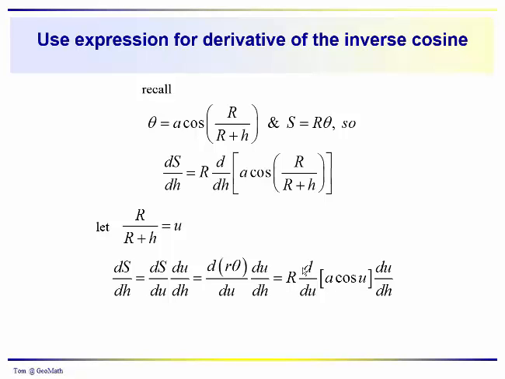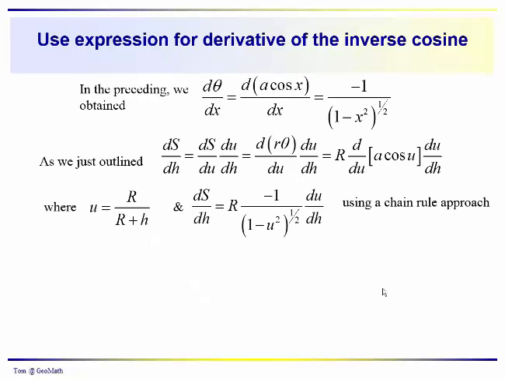So we're taking dθ/du here, and then multiplying that by du/dh. Okay, so dθ/dx, we've already figured this out. It's equal to minus 1 over (1 minus x squared) to the 1/2 power.